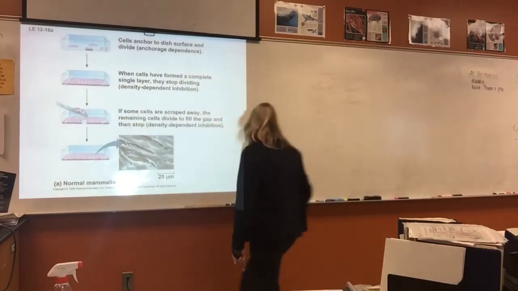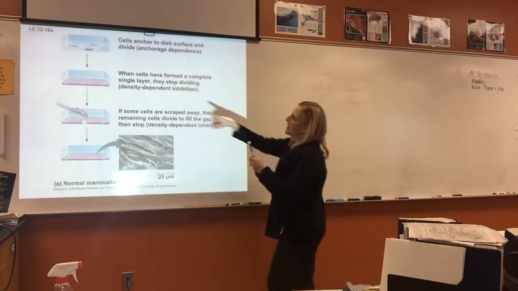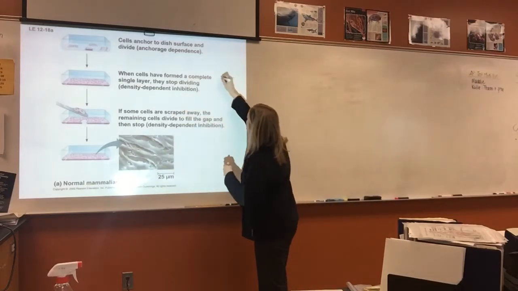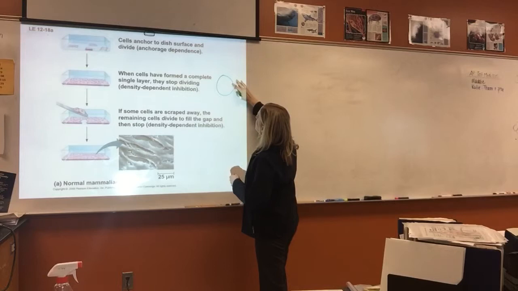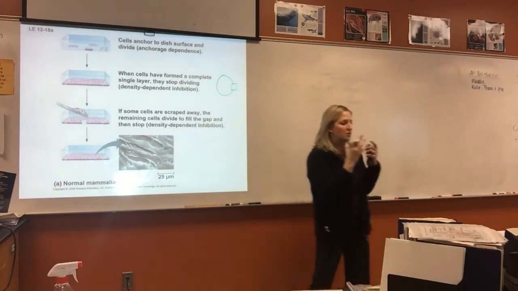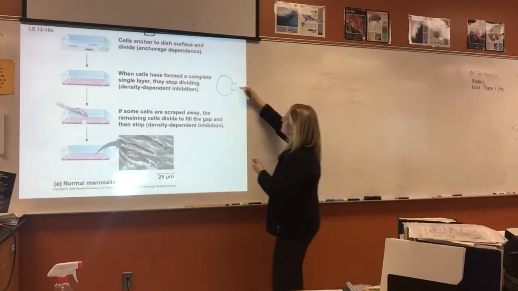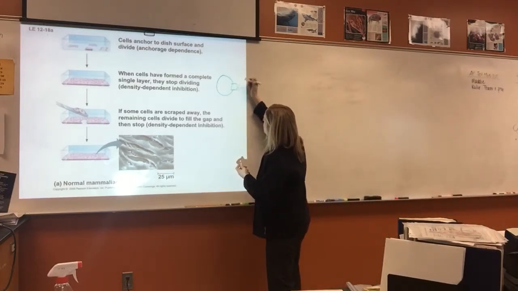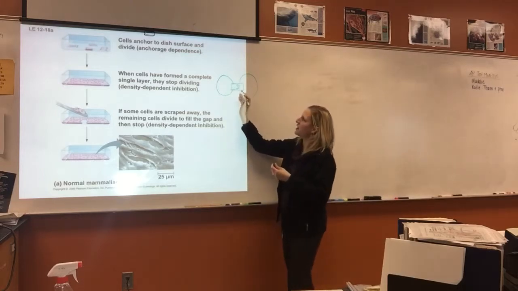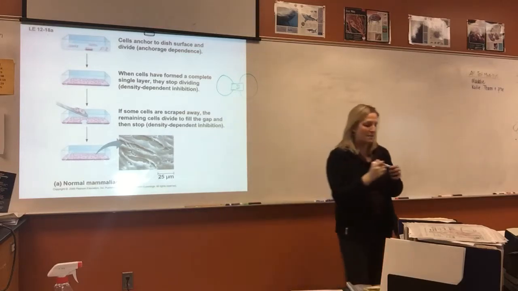And the reason for that is when adjacent cells come together, receptor proteins, I just used the example of a receptor protein binding with a signal molecule, but they can also bind with proteins in adjacent cells. So here we have two cells that are adjacent to one another. They have proteins embedded in the membrane.